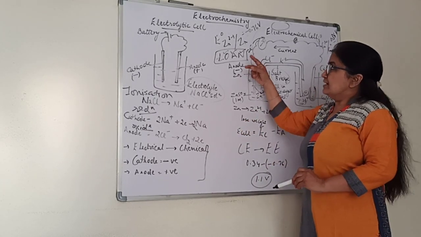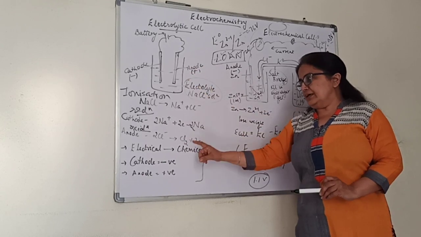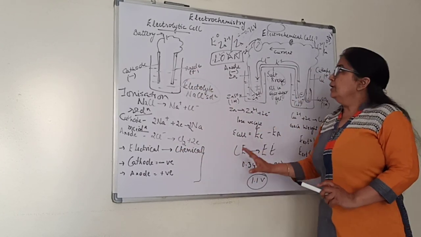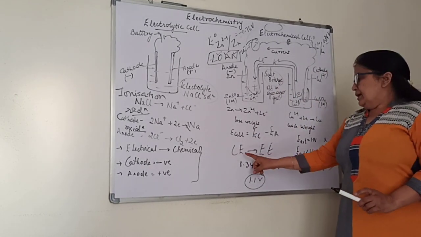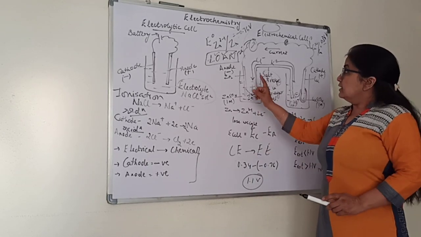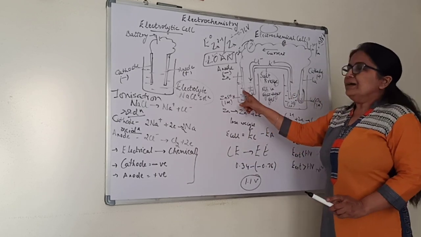So these two differences we have discussed here. Two points we have discussed in electrolytic cell, electrical to chemical and the sign convention. In electrochemical it is reverse. Chemical is converted to electrical. Second point, the cathode is positive in this case, anode will be negative.